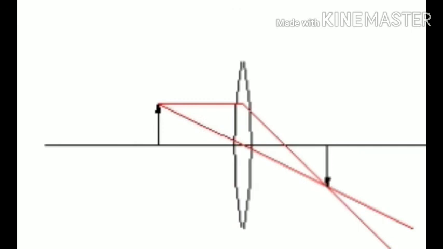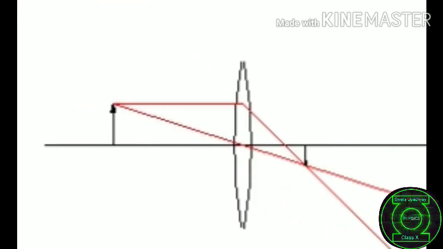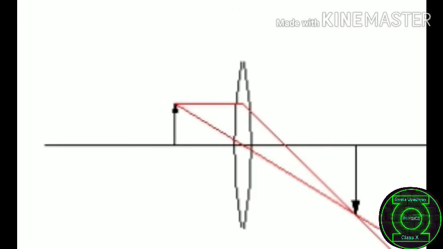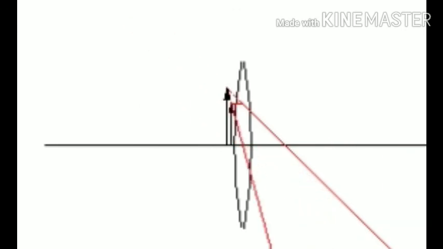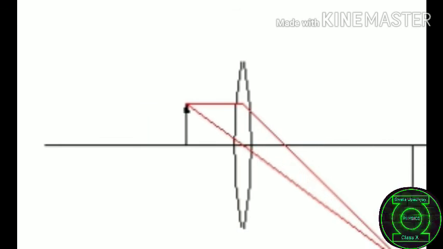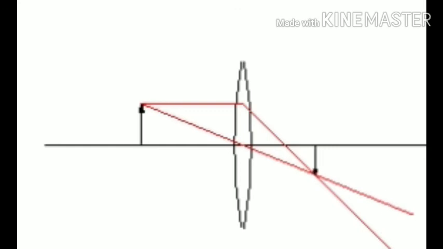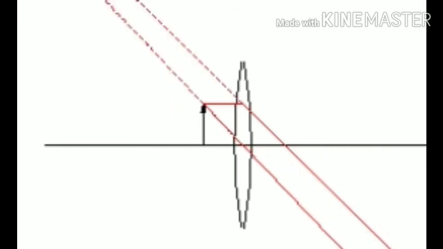On further moving the object from f towards the lens, if the object is brought between the focus and the lens, the image becomes magnified, erect, and virtual on the side of the object. It is formed behind the object.